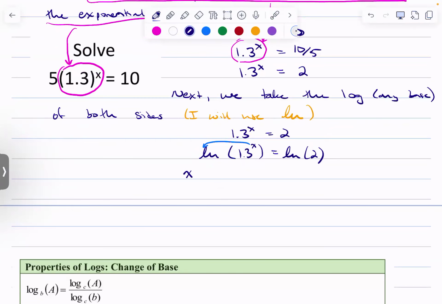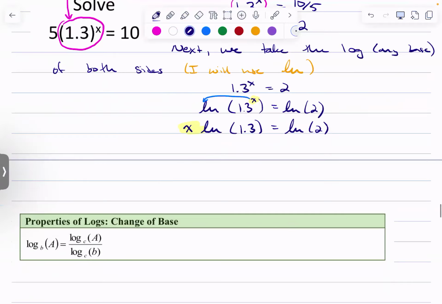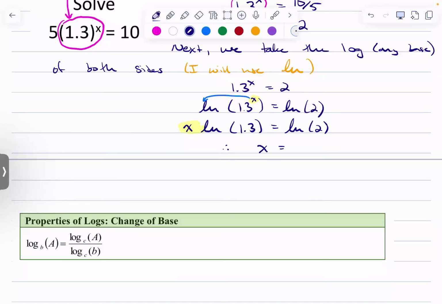So here I get x times the log of 1.3 is equal to the log of 2. Notice the move. But the natural log of 1.3 is just a number, and the natural log of 2 is just a number. And so I can solve for x. X must be the natural log of 2 divided by the natural log of 1.3.